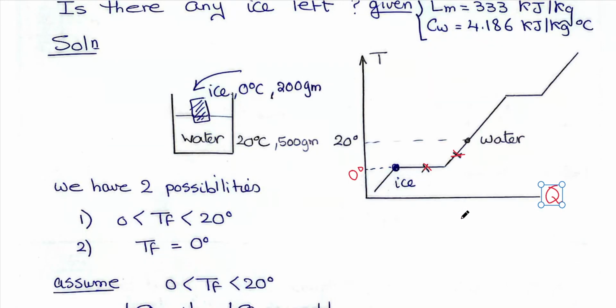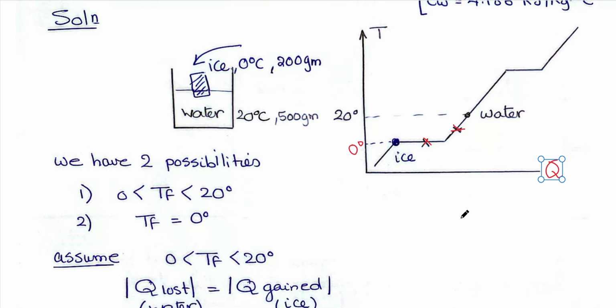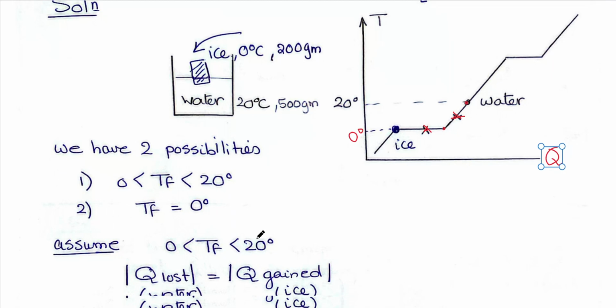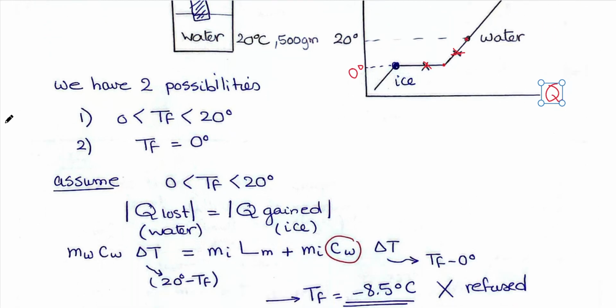So now we have only two possibilities. Again, we will start with the range of T final. Assume that T final is 0 to 20.